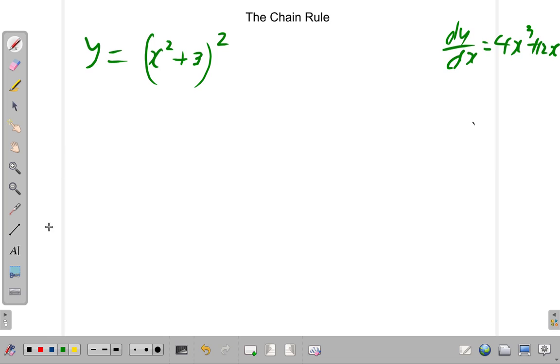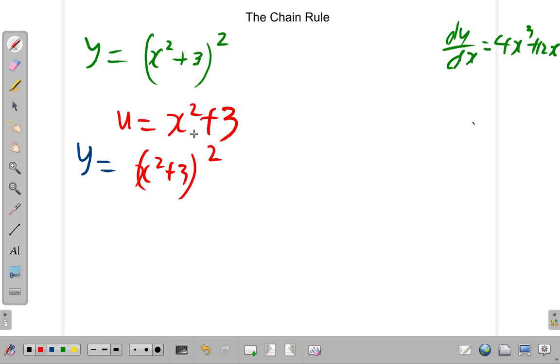So let us say that u is equal to x squared plus 3. And then y is equal to x squared plus 3 squared, but u is x squared plus 3, so let us just call it u squared. So y is equal to u squared, but u is x squared plus 3.